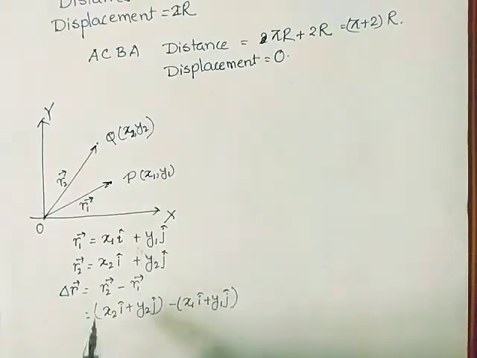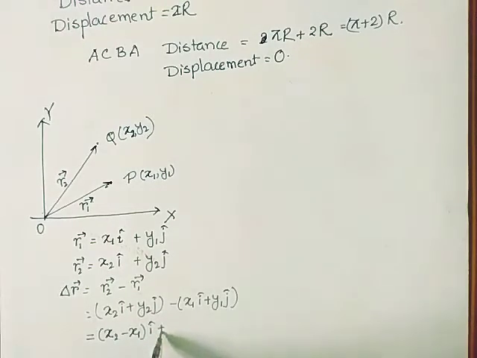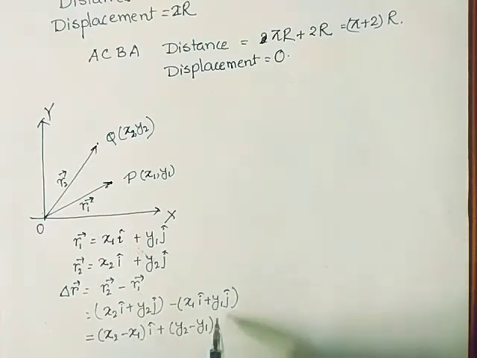This can be written as x2 minus x1 i cap plus y2 minus y1 j cap.